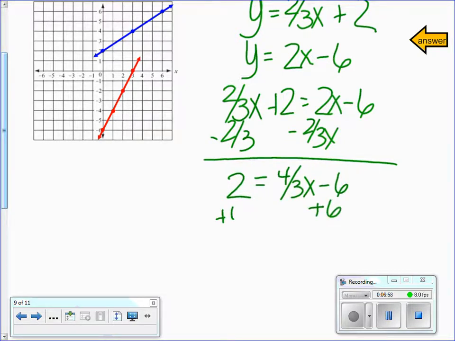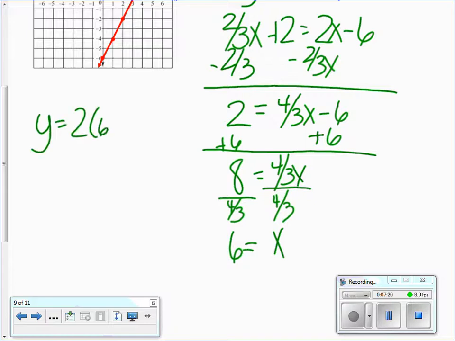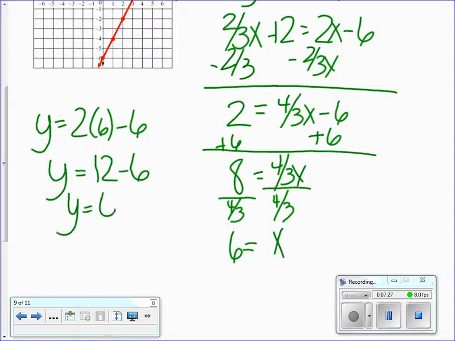Add 6 to both sides: 8 equals 4/3 x. Divide both sides by 4/3. When you divide by a fraction, you multiply by the reciprocal, so x is equal to 6. Plug it back in. y equals 2 times 6 minus 6, so y equals 12 minus 6, so y equals 6. My ordered pair is (6, 6). That's where the lines will cross.